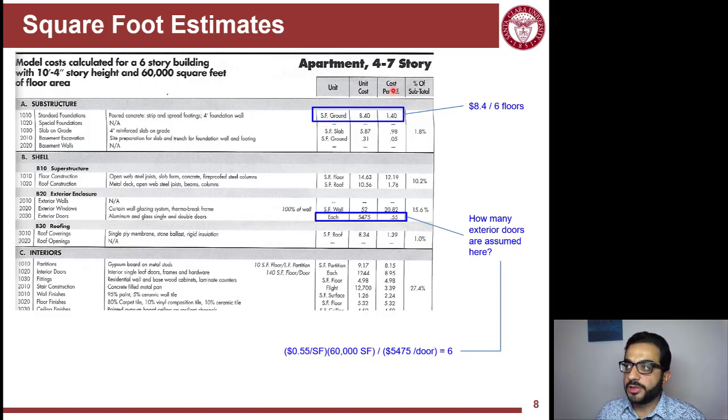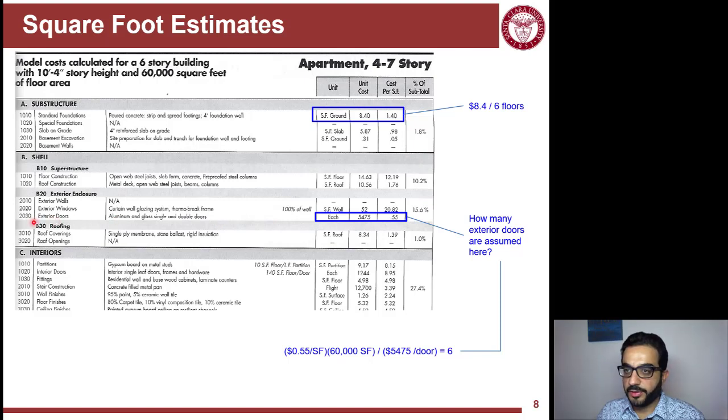But remember, the cost per square foot that I'm using to build up my estimate for the project is per the gross total floor square foot. So what happens here is you divide this 8.4 by the number of stories. You have here 6 stories, or 6 floors. So you end up with 1.4.